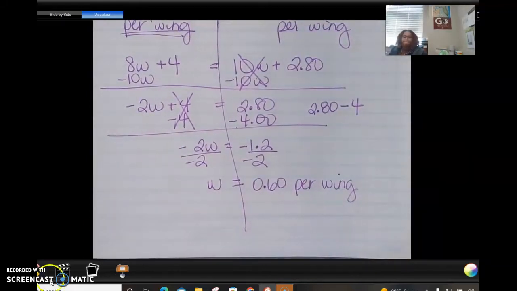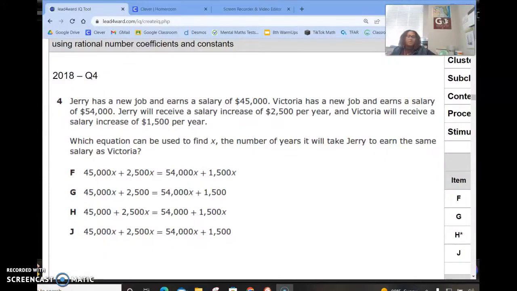Okay, this is another question, and you're just setting up the equation here. It says Jerry has a new job and earns a salary of $45,000. Victoria has a new job and earns a salary of $54,000. Jerry will receive a salary increase of $2,500 per year, and Victoria will receive a salary increase of $1,500 per year.